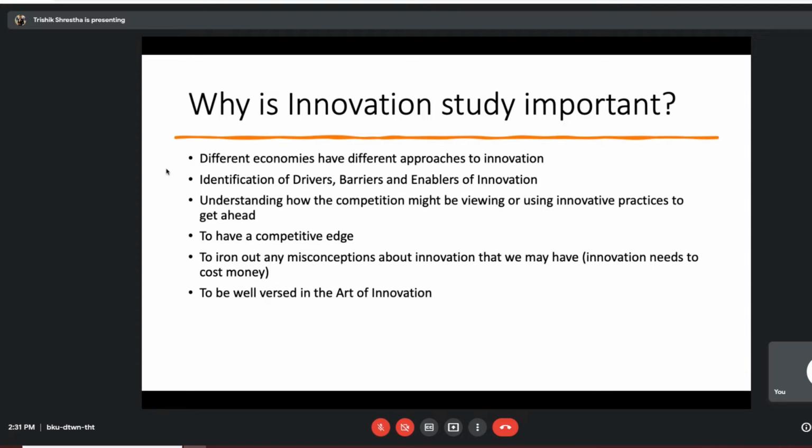Because one thing that you will always be required to do in any sector is to improve. If you don't improve, then the people around you will, and they will get ahead. In order to not allow that to happen, we need to be well versed in the art of innovation.